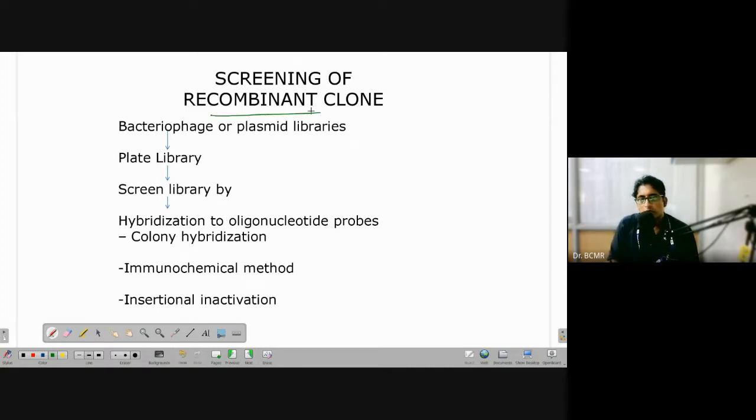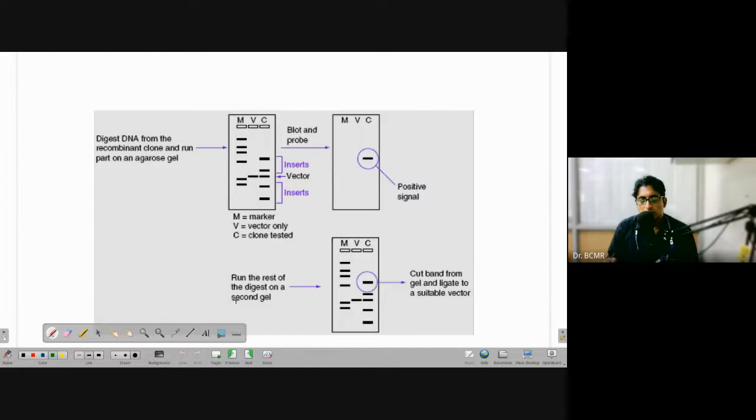Now we are trying to screen, how to screen. That is what we are going to learn. We have several techniques in it. One of them is colony hybridization. The other ones are the immunochemical method, and then there is also insertional inactivation and so on. The simplest one is, for example, you have made a, this is the marker, okay?